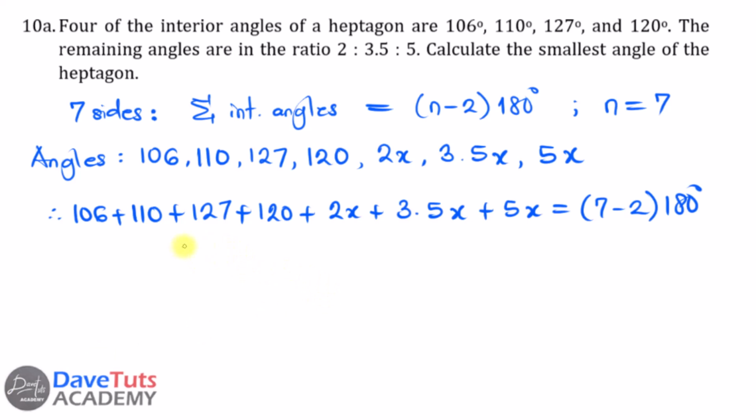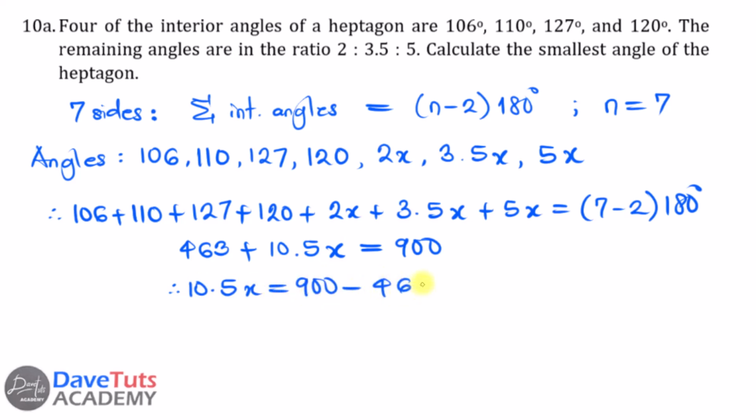What's that going to give us? 463. So we have 463 plus 2 plus 3.5 plus 5, which is 10.5x, equals 7 minus 2, which is 5, times 180, which will be 900. Therefore 10.5x is 900 minus 463.